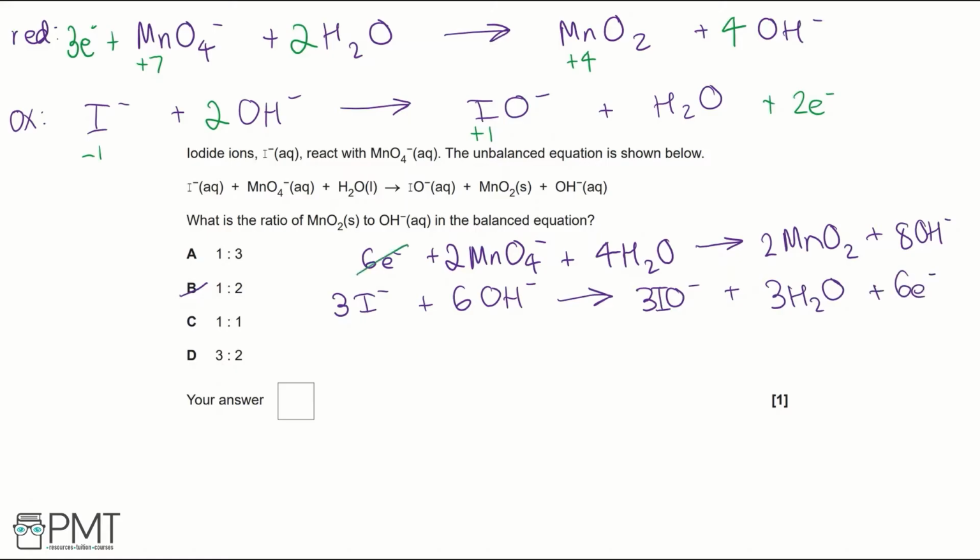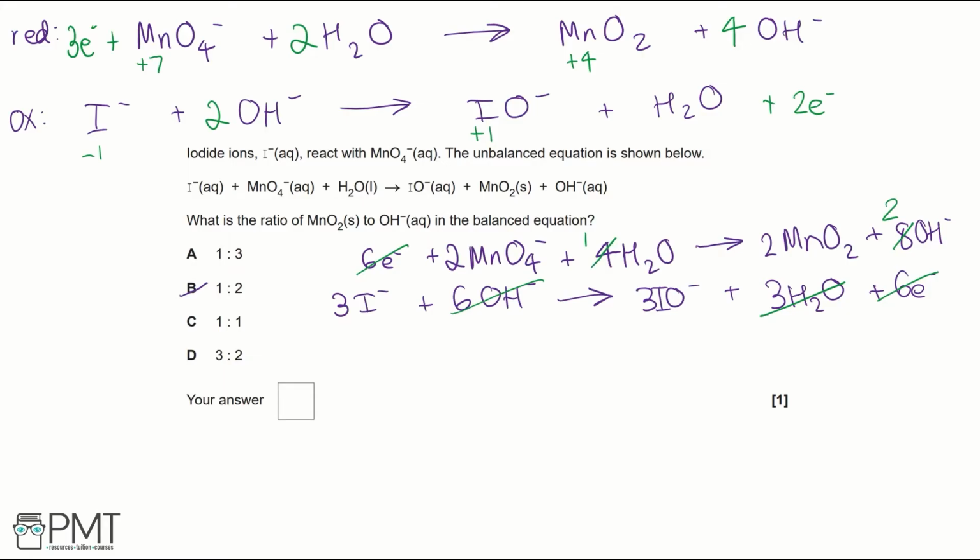So we're going to cancel out the electrons from each side of the equation. We can also cancel out some of the OH minuses. So we can cancel out all of these 6 and then 2 from the reduction half equation. And then cancelling out some of the waters. So we can cancel out these 3 from the oxidation half equation and then 3 from the reduction half equation, leaving us with 1 water.